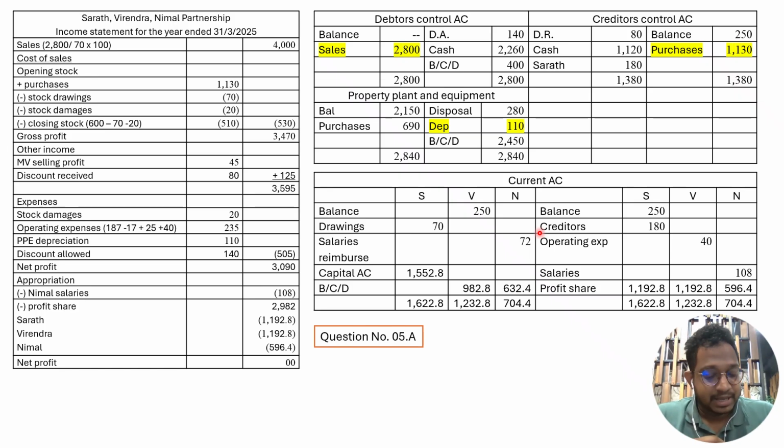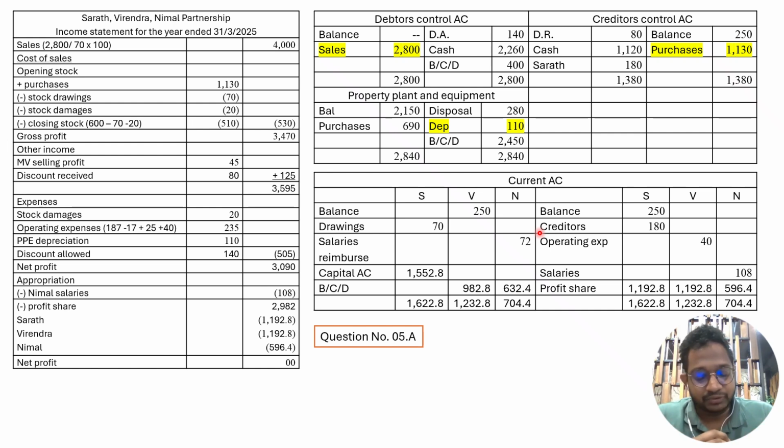So they invested 4 million equally, but in the total capital there is a difference. That difference is your current account opening balance. So Sarat has a favorable balance of 400 and Virendra has an unfavorable balance, not 400, sorry.